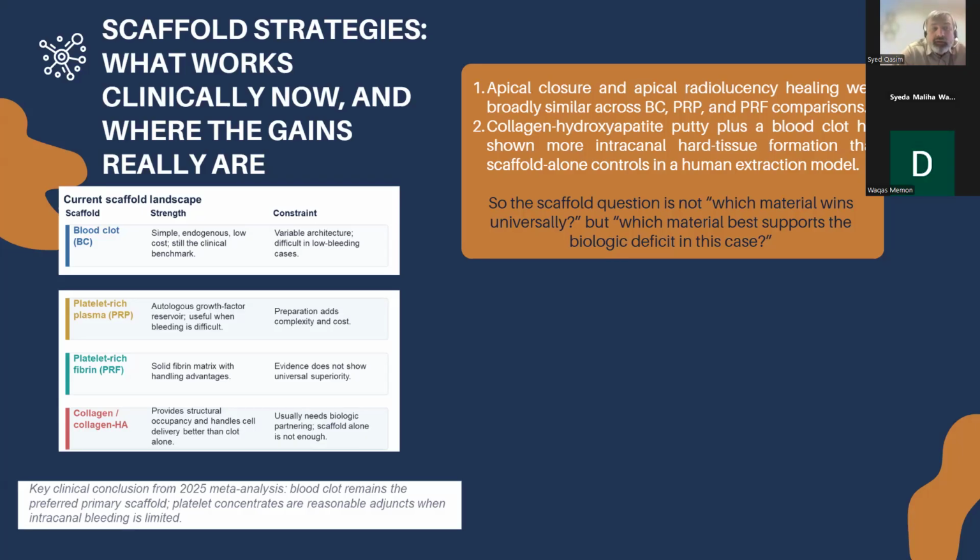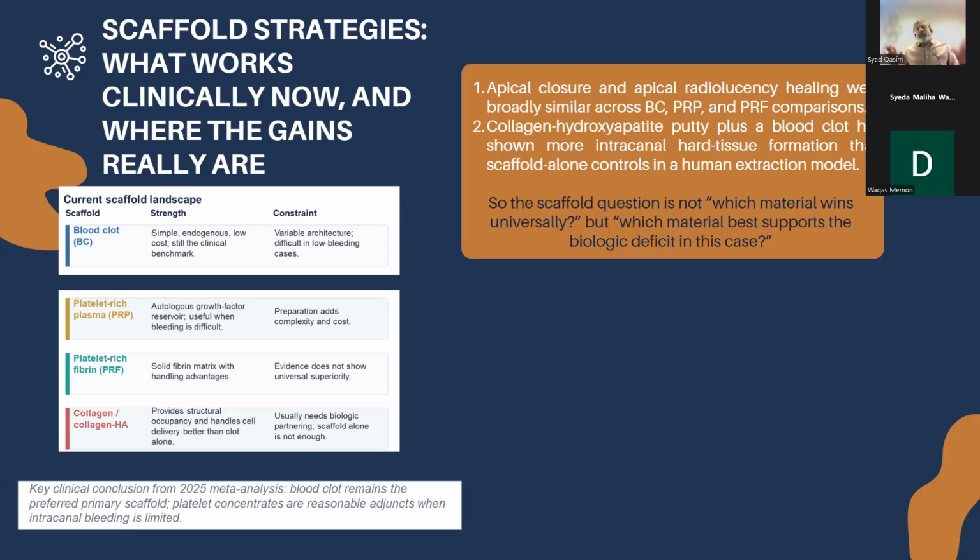There was a meta-analysis conducted in 2025. If you're studying the hierarchy of evidence of scientific literature, the meta-analysis is right up there at the top. It says blood clot remains the preferred primary scaffold, and platelet concentrates are reasonable adjuncts when intracanal bleeding is limited.